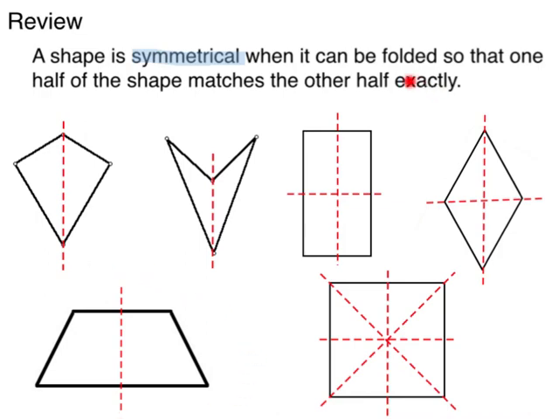Our rhombus and our rectangle have two lines of symmetry. Both lines in these two examples are vertical and horizontal. And then our super quadrilateral, the square over here, has four lines of symmetry. The horizontal, the vertical, and the two diagonals that go from corner to corner.